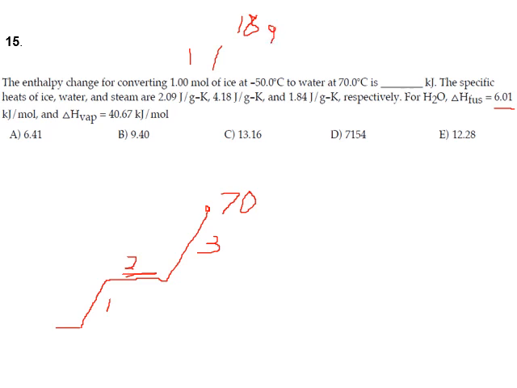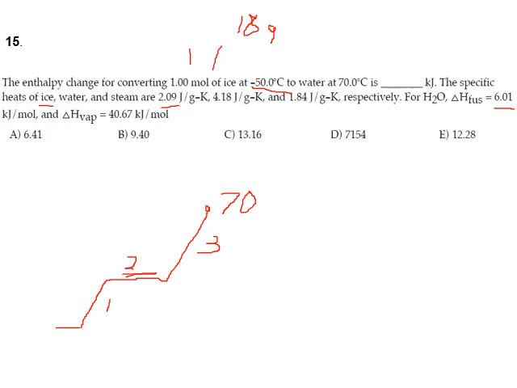The specific heat of ice is what we need here, and it is 2.09 joules per degree per gram. And we have 18, so we're going to have to multiply 18 grams times the 2.09, and then times the number of degrees, which in this case is going to be 50, right? Because we're going to have to raise this from minus 50 to 0 to get it to the point where we can melt it.